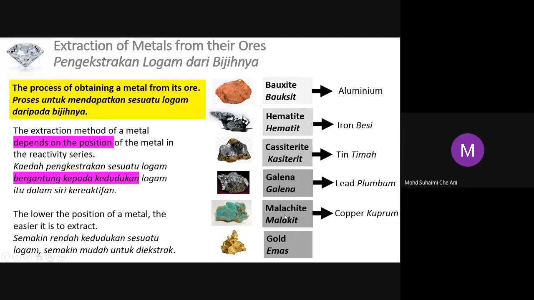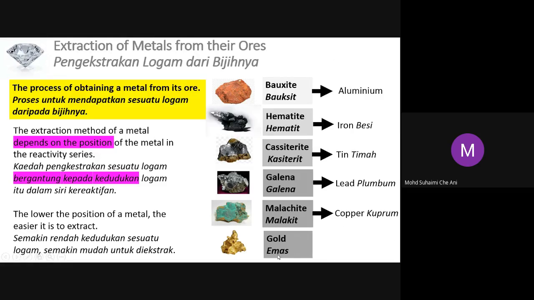Malachite can be extracted to get copper. These five are natural compounds. Compound means there are two elements inside it, but we want to get only one element from that compound, so we need to extract it. From these five, you can get these five pure metals.